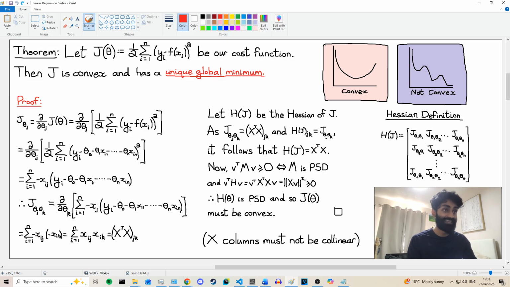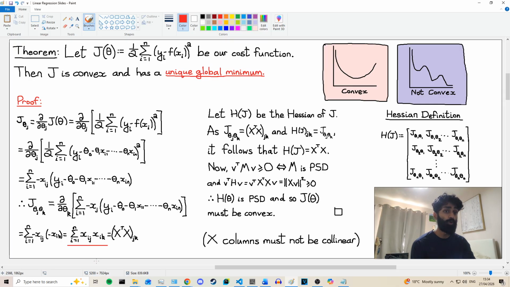So this constant stays as well, because if you expanded this out, it would be xij times yi, xij times theta 0, and so on, xij times xik times theta k. So we keep this xij term as well. And now we have two negatives, because these two surviving terms both came from this negative equation here. So these two negatives cancel out, we get a positive, and so we're left with this equation here.